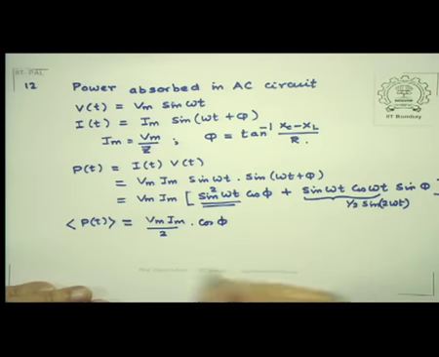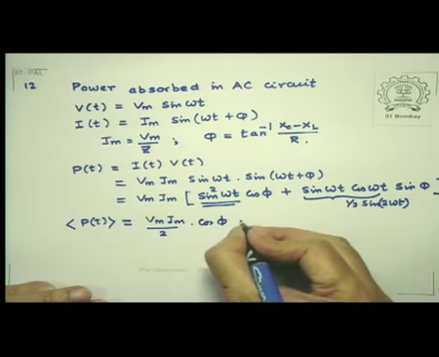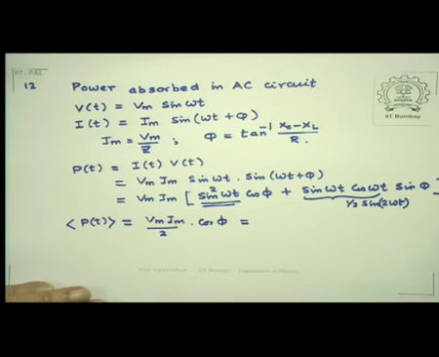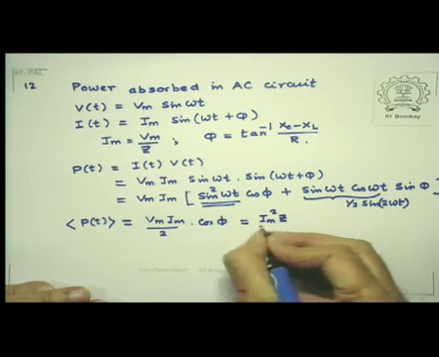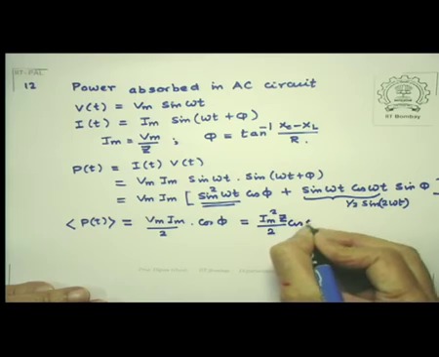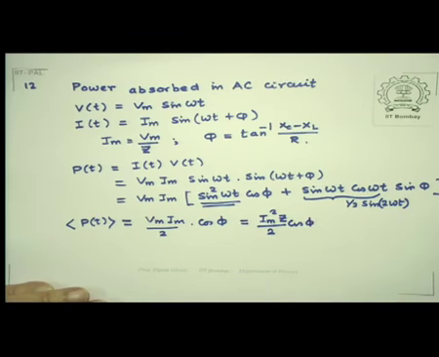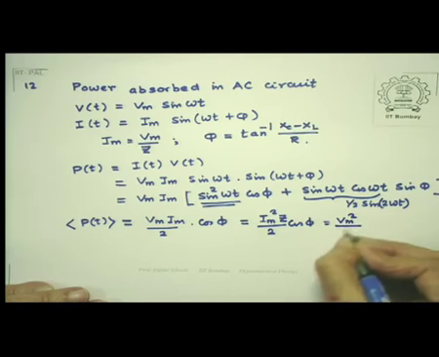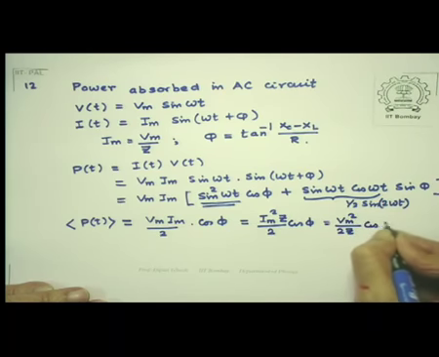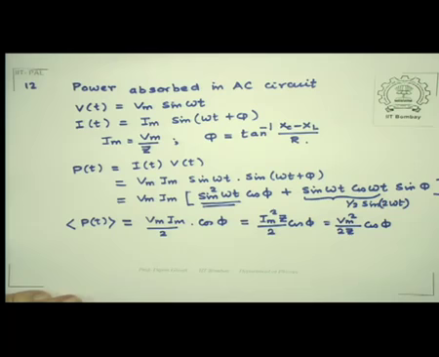There are many alternate ways in which you can write it. For example, writing that Vm is equal to Im Z, I can write it as Im square Z divided by 2 cosine phi. Also Vm square divided by 2Z into cosine phi, if you express I in terms of Vm.